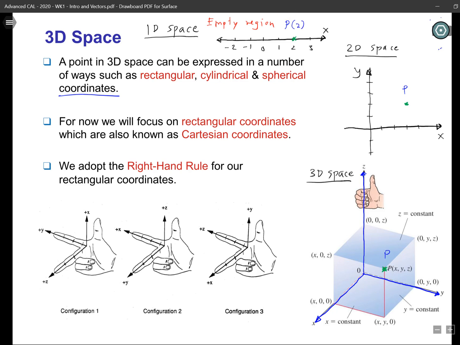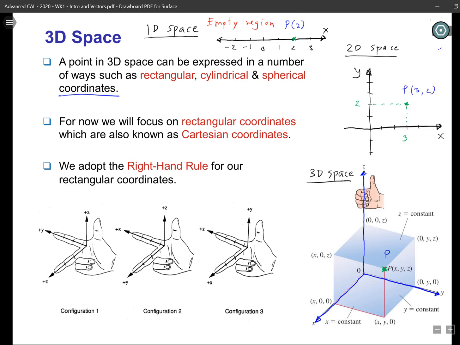And then for this one, let's take a look here. I can use this y value of 2 and x value of 3. And with this, I can use the coordinate system for 2D space. And x value is 3. I'm going to put 3 right here. And y value is 2. There you go.